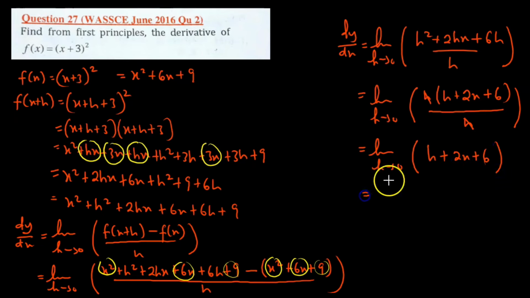And therefore, since we have done away with all discontinuities, then we can substitute for the value of h. So we have 0 plus 2x plus 6, and the final answer becomes 2x plus 6. So it tells us that the derivative of x plus 3 all squared is 2x plus 6.